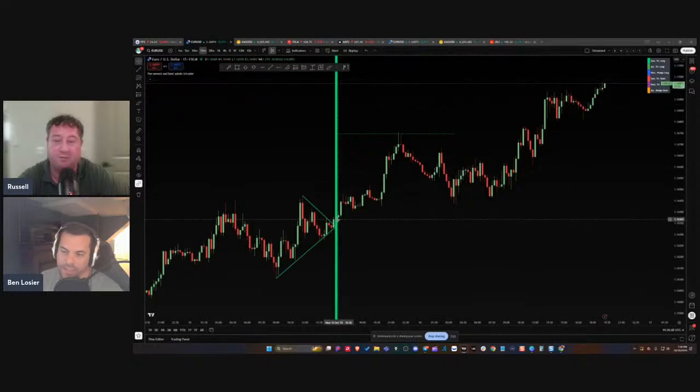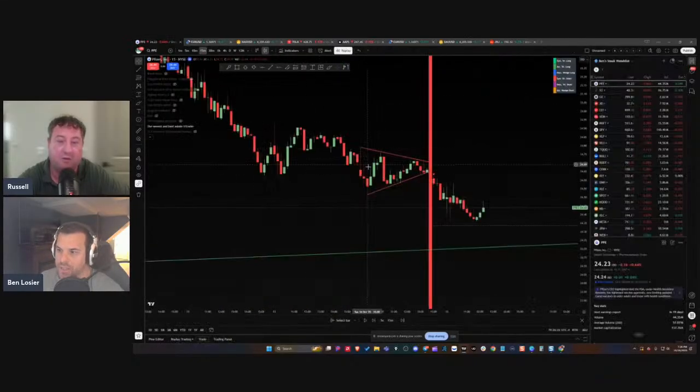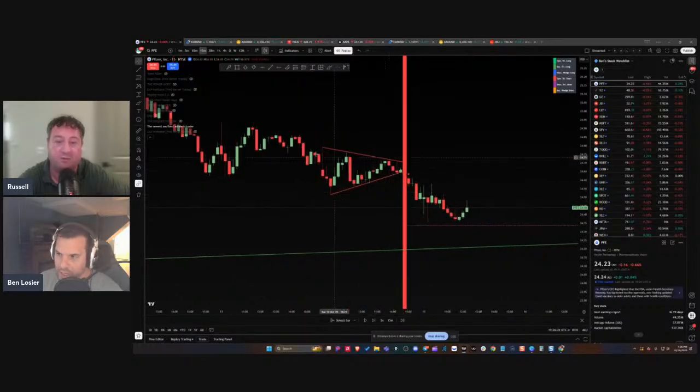Whatever it is, the color will come up, and then you'll either get an up arrow or a down arrow with the alert, or a sell. This is a Pfizer, good old Pfizer. This is a really good looking symmetrical triangle.